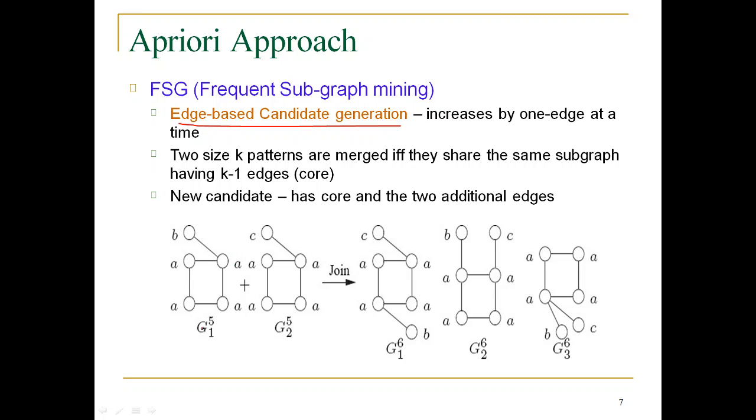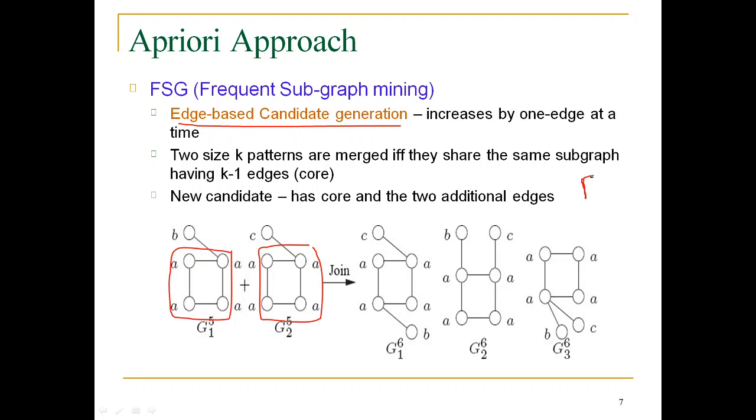Whenever you take graph 1 and graph 2, you have similar graphs. You can take these as k minus 1 edges, which have the same edge values, and since they have the same values, we can merge them. When merging them, we attain the subgraphs either in this format, or in this format, or in this format.